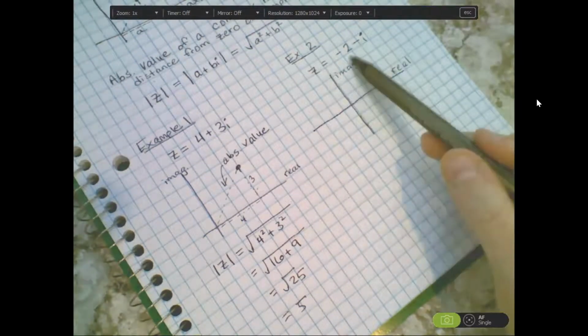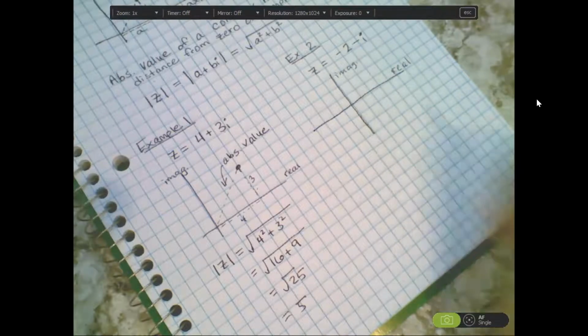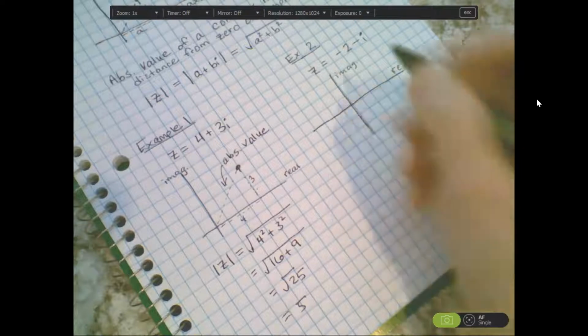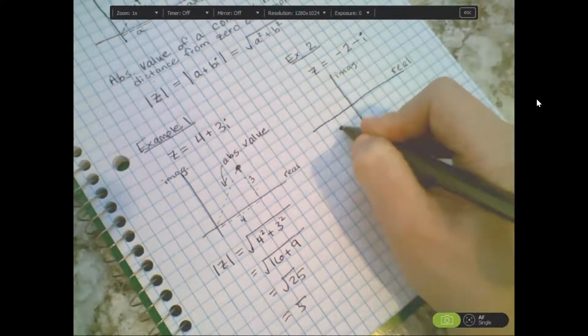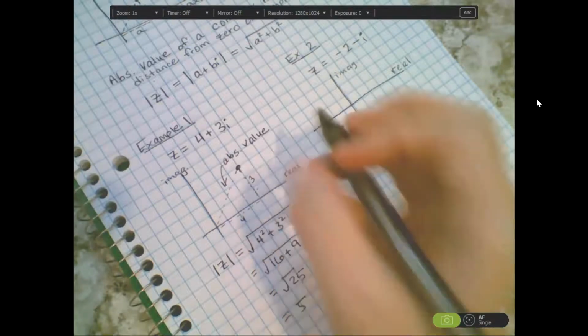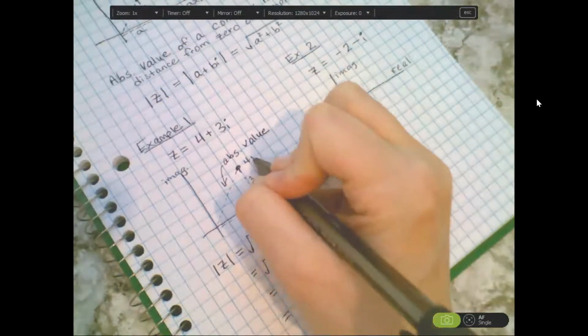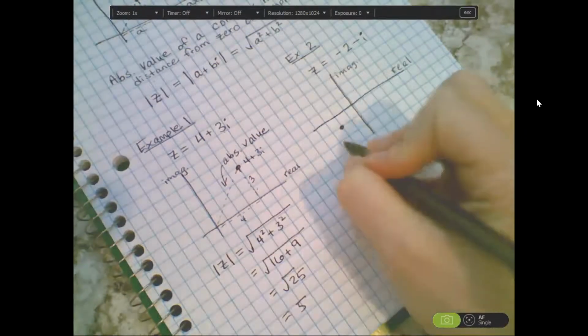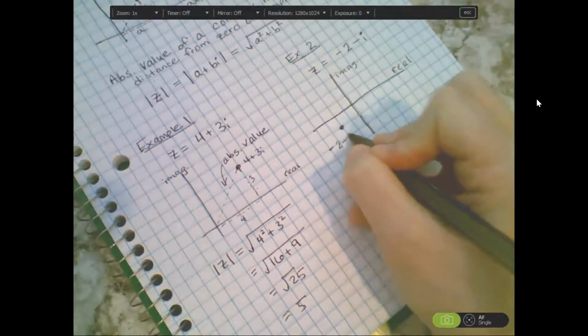So I've got -2 and -1. I'm going to go over 2 on the real axis, left, and down 1. There's my point. We could actually go back and label these if you want. So I could say this is the point 4 plus 3i. And this is the point -2 minus i.